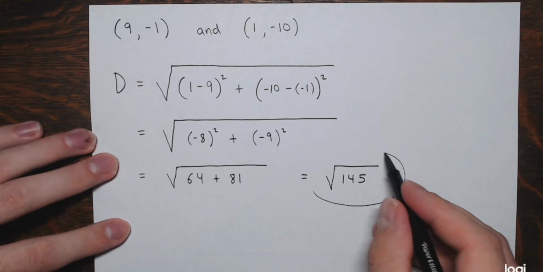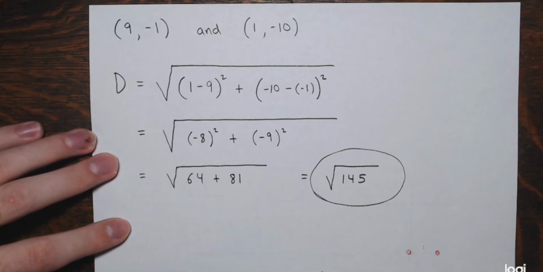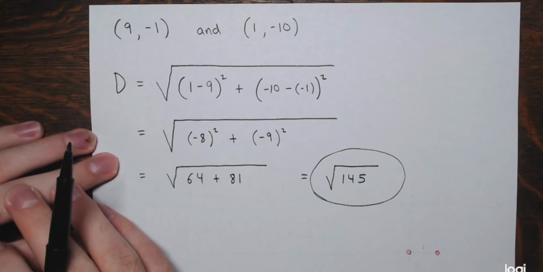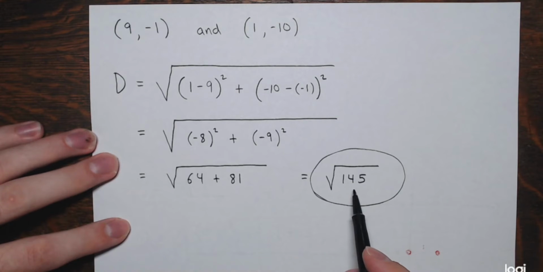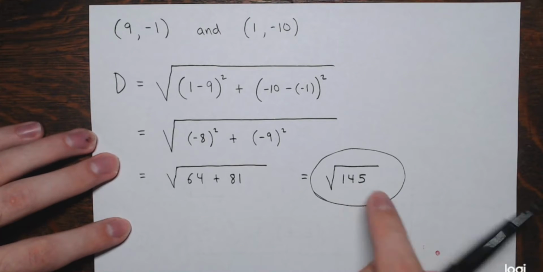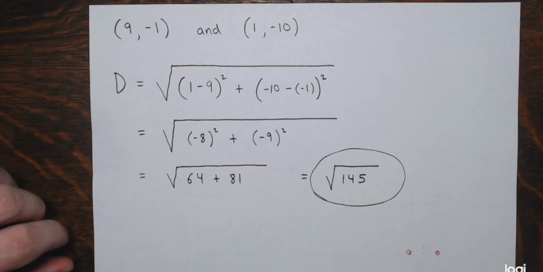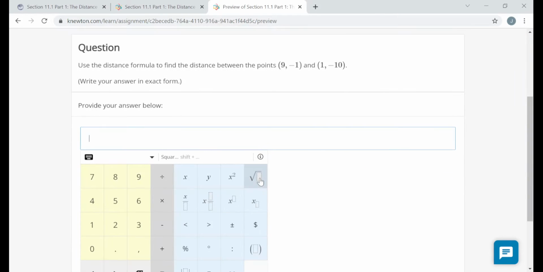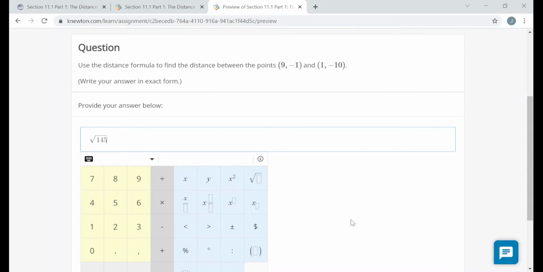This is as simplified as it gets. So these 2 points, if you were to draw them on the coordinate plane, are the square root of 145 units apart. So something between 12 and 13 units. But we're asked to enter it in exact form again, no rounding, no calculator use. So back here, the square root of 145.